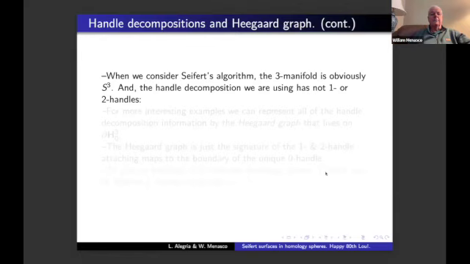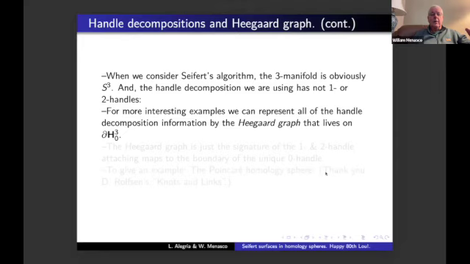Now, for the Seifert algorithm that we're going to do, let's go back and look at this regime of a handle structure. If you go back and look at S3, it also has a handle structure, but there are no one and two handles. There's just a zero handle and a three handle.